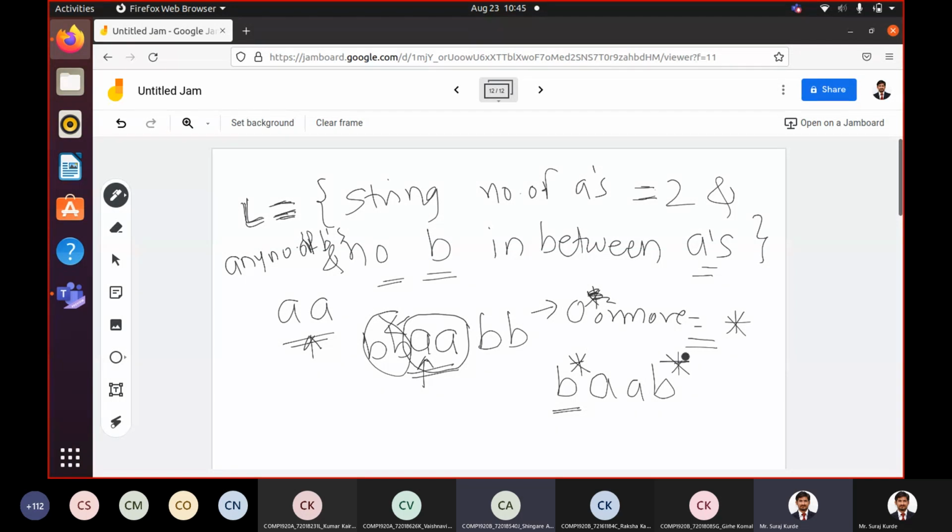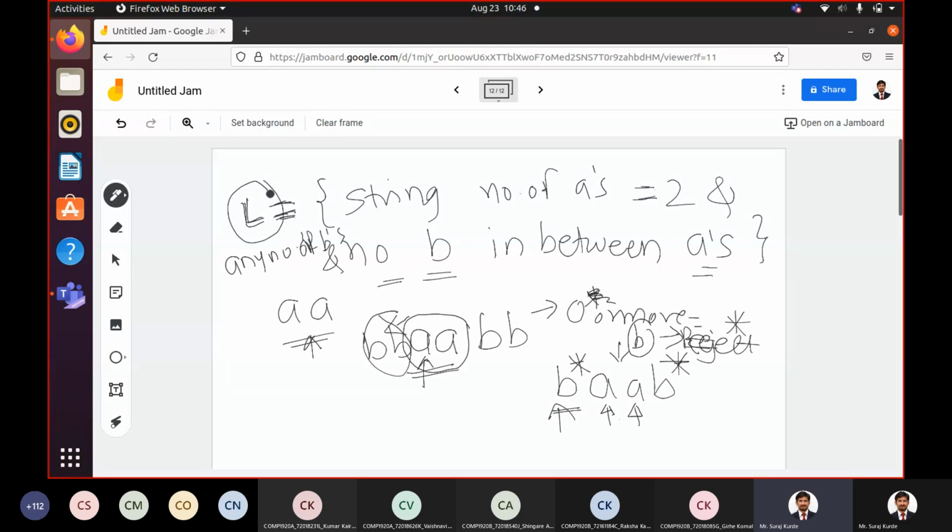Any number of times B, then the first A followed by the second A. In between, we cannot write any B. If it is there, reject. This string should be rejected, and the regular expression does not represent this language, because the language consists of strings where the number of A's is 2, but in between these two A's there is no B. That is the important condition.